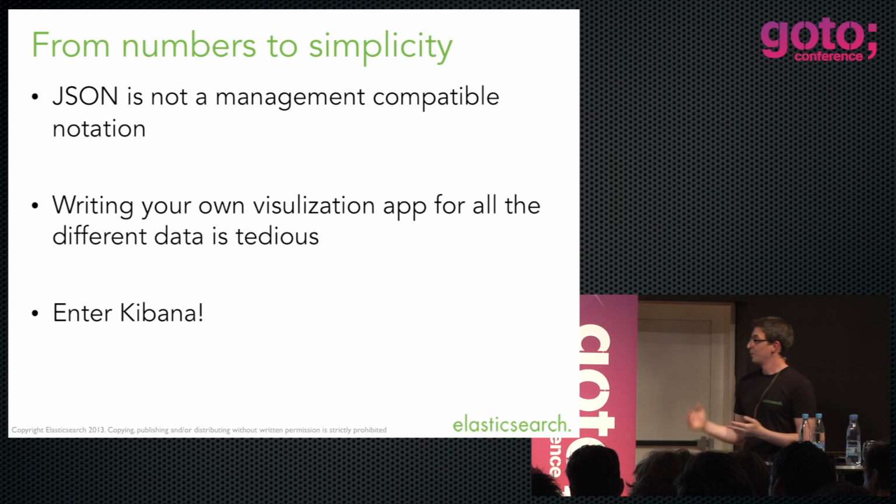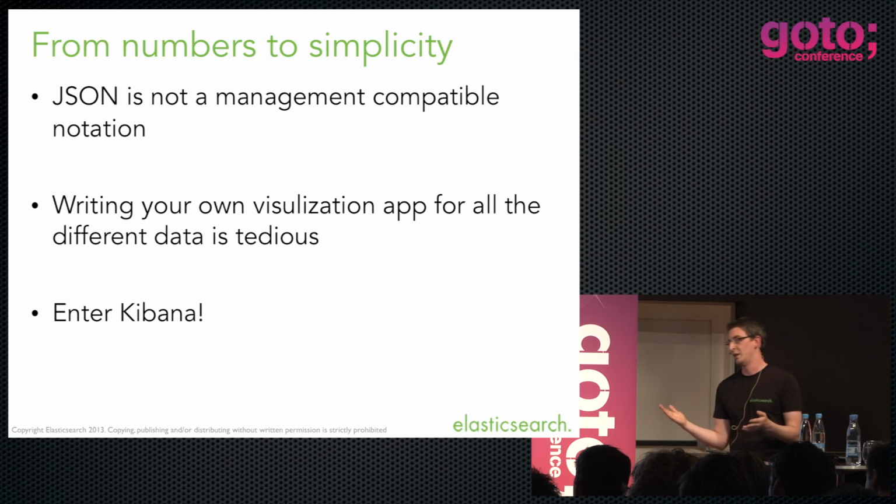And JSON itself, which is returned by Elasticsearch, is also not a management-compatible notation, so you can't just forward the request to your boss and tell him to be happy. And also writing your own visualization app for all kinds of stuff is not going to work in the long term.